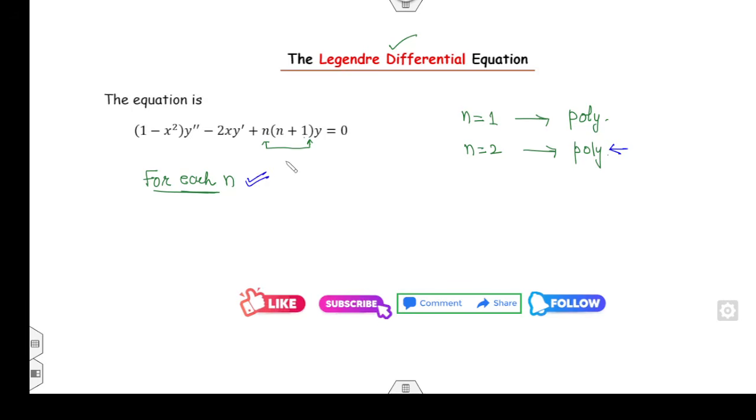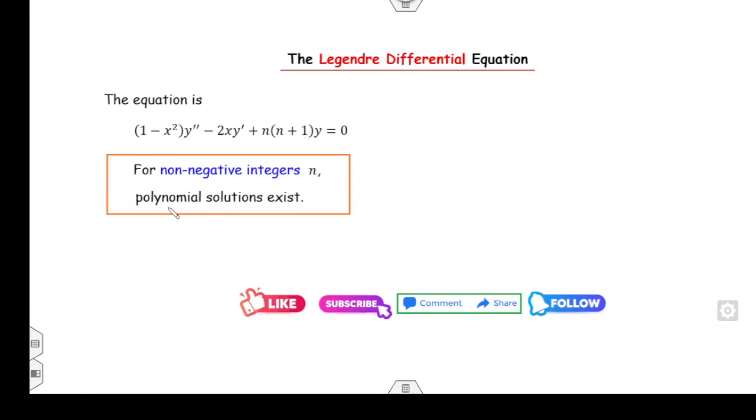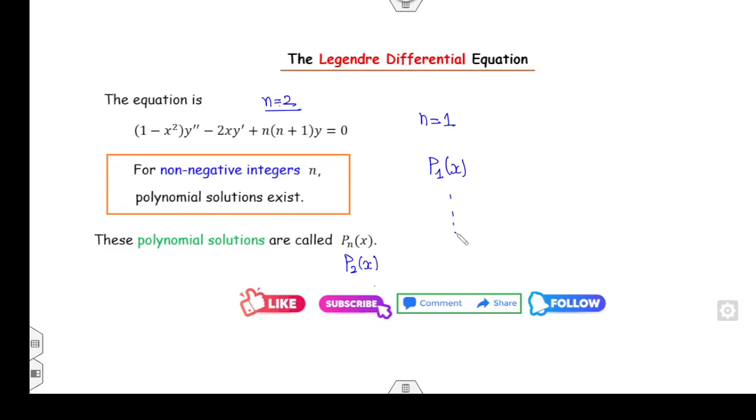Corresponding to each n, we will get a polynomial solution, and that polynomial of the Legendre equation is called the Legendre polynomial, and we denote the Legendre polynomial as Pn(x), where Pn(x) is a polynomial of degree n. If you have taken the value of n as 2, then we consider the polynomial P2(x). If you consider n is 1, fine, then we call the solution P1(x), and so on.